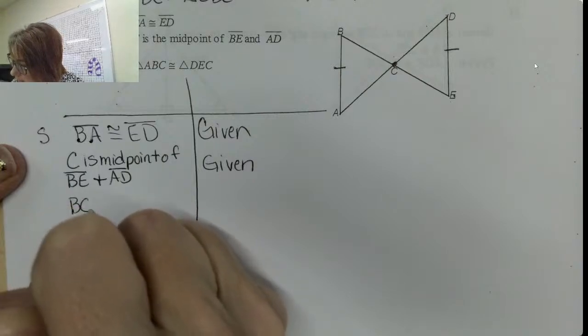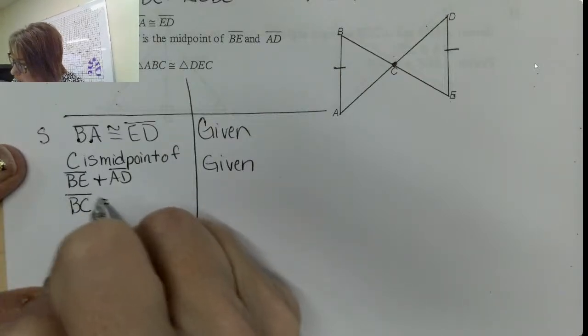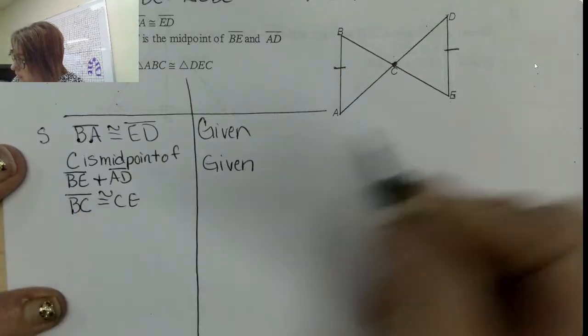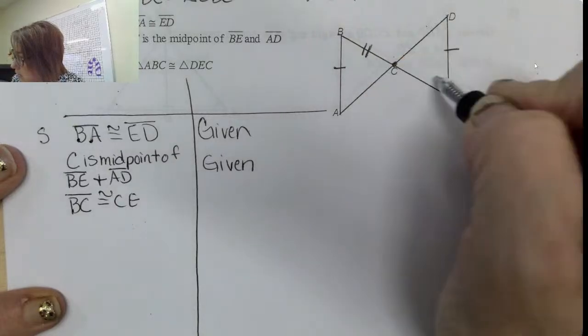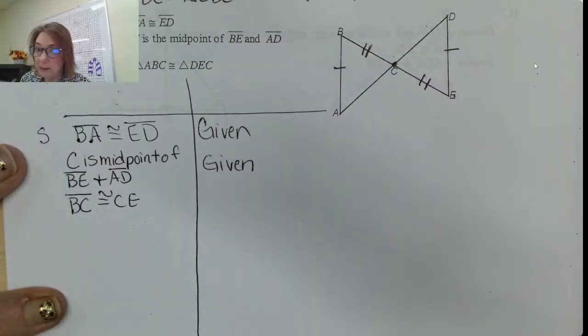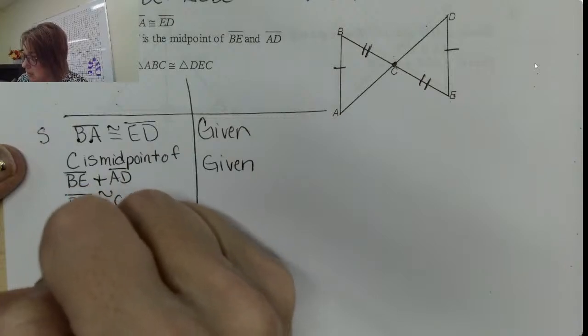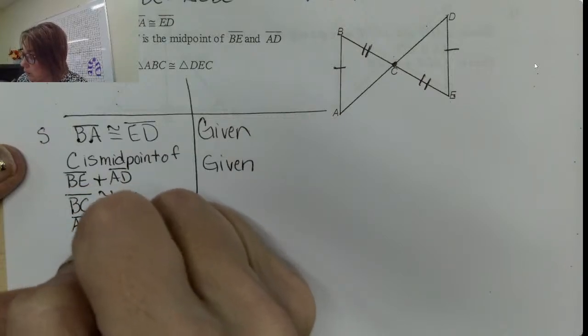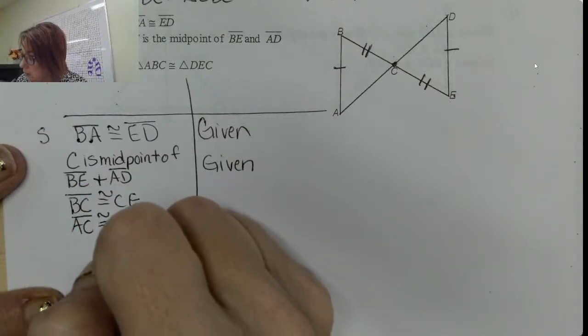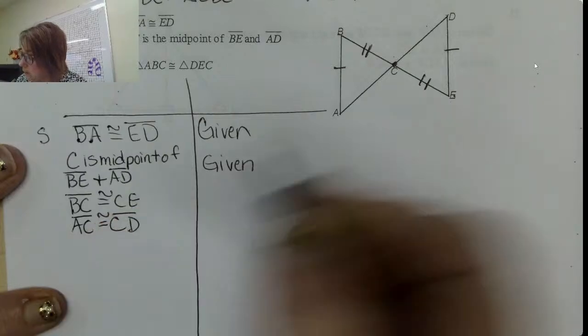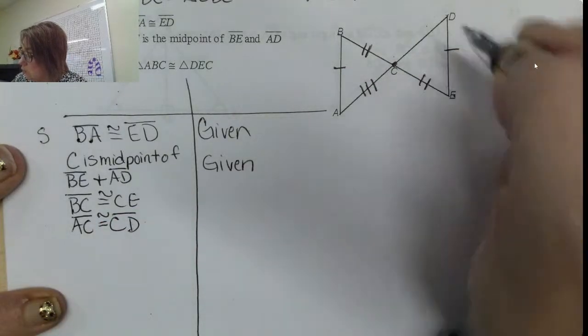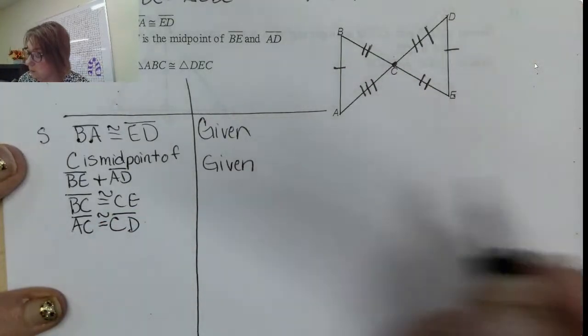So BC is congruent to CE. This one is congruent to this one, right? And AC is congruent to CD, right? This one is congruent to this one.